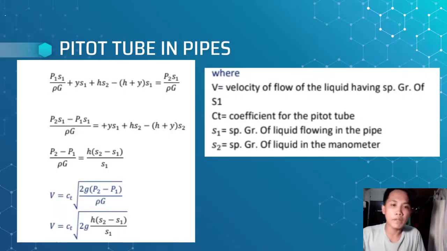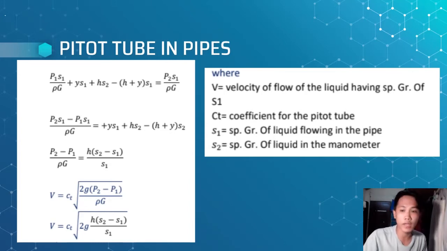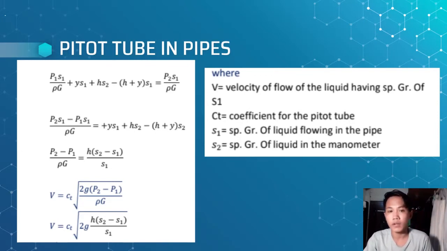In solving for the pitot tube in pipes, we use this formula: P1 over S1 times Pg plus y S1 plus H S2 minus (H plus y) times S1 is equal to P2 over S1 times Pg, where V is the velocity of flow of the fluid having the specific gravity S1, or the initial, and Ct is the coefficient of the pitot tube.